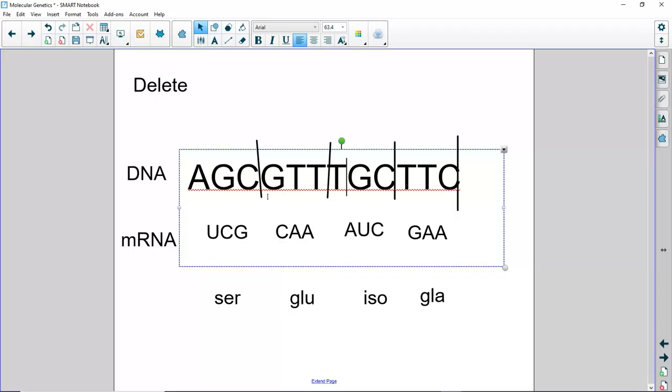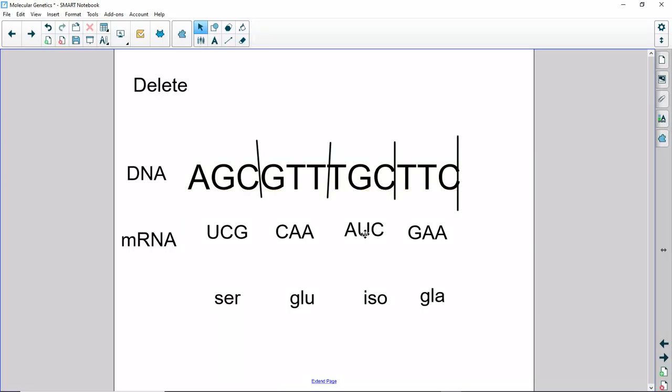All right, this one's okay, this one's okay, but TGC is not AUC. Right? So what is this now in the deletion? All right, you don't have A at all.